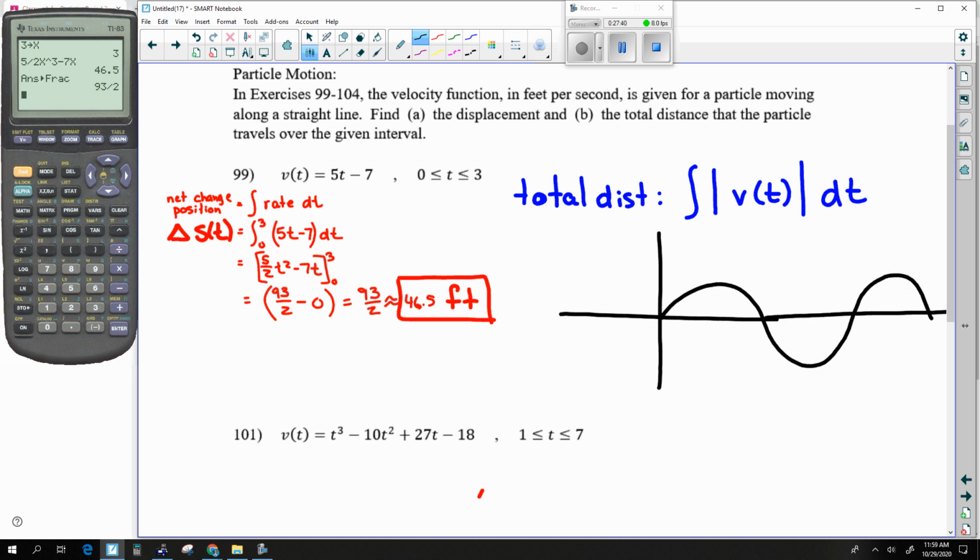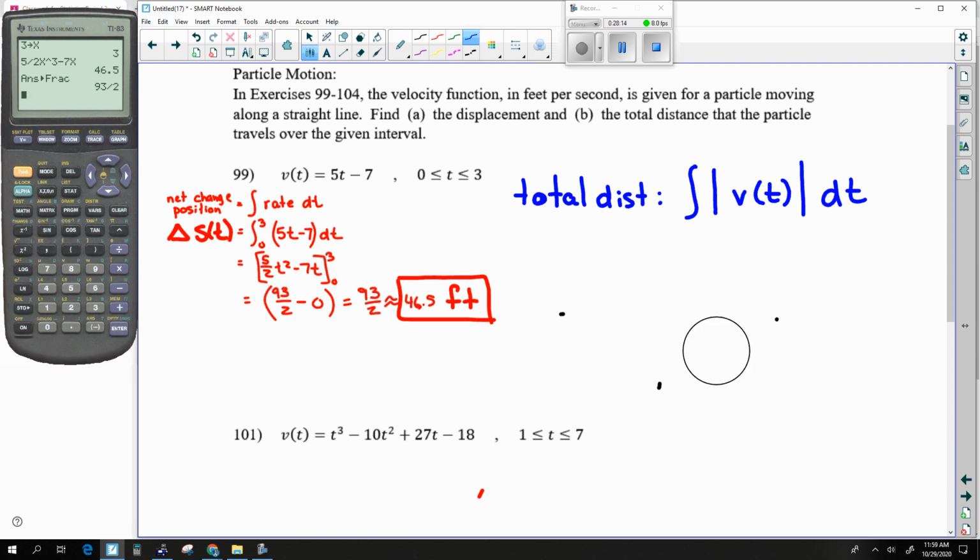What it does is it considers this to be all positive, where net change considers this to be positive, negative, and then positive. So net change, these kind of negate each other, and then this would be the net change. Where total distance, this is all positive.